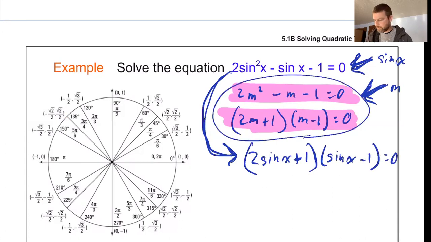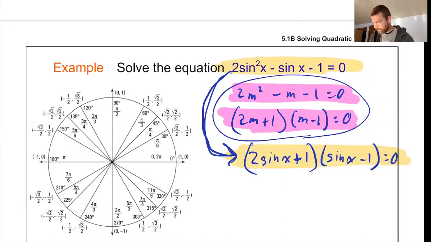So when you do this, if you have a quadratic equation that involves trig functions, you can factor it the same exact way you would factor it if it was a variable like m or x or anything else. If you want to write this part in pink to help you factor it, go for it.